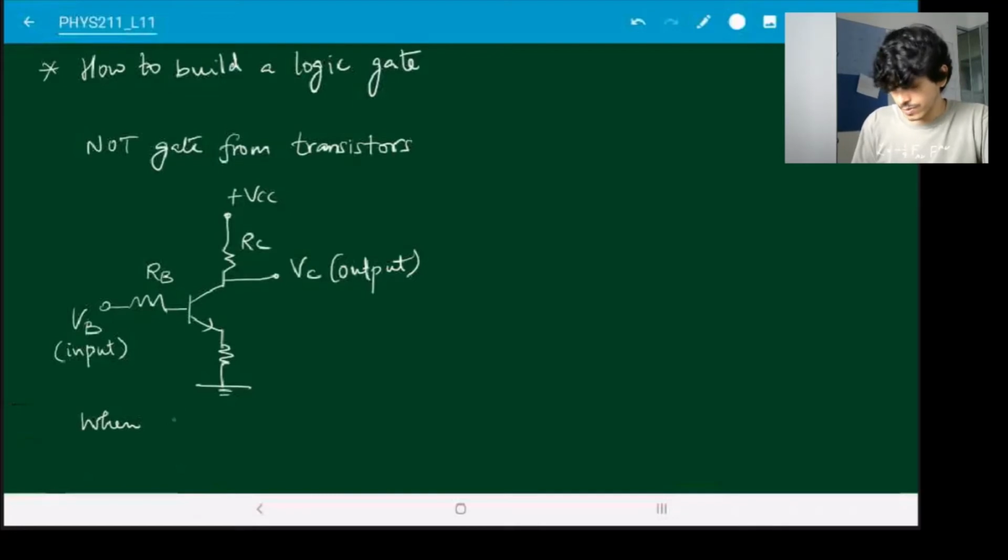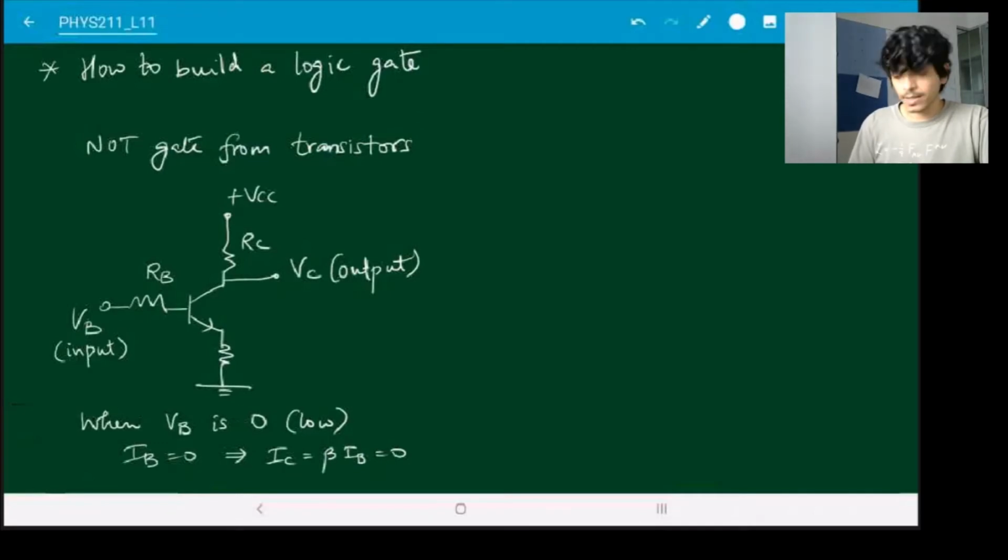when VB is high, no, let's start the other way. When VB is low, so let's say 0, so this is the low state, then there is no current flowing into your gate. So IB is 0. And when IB is 0, IC, which is beta IB, is also 0.